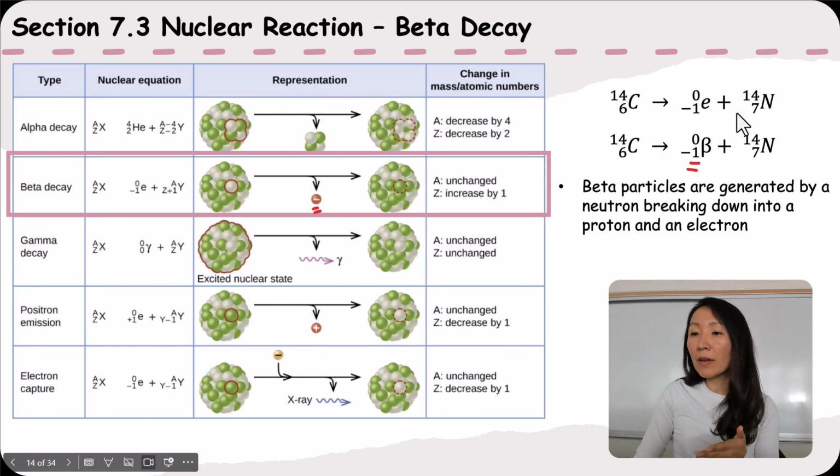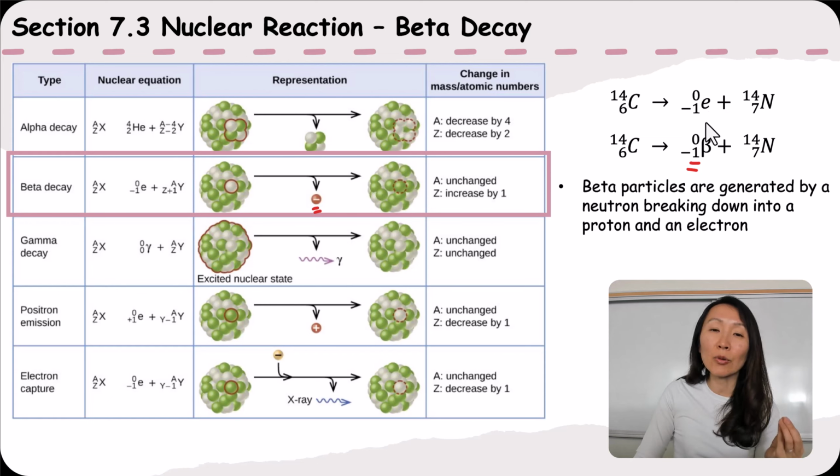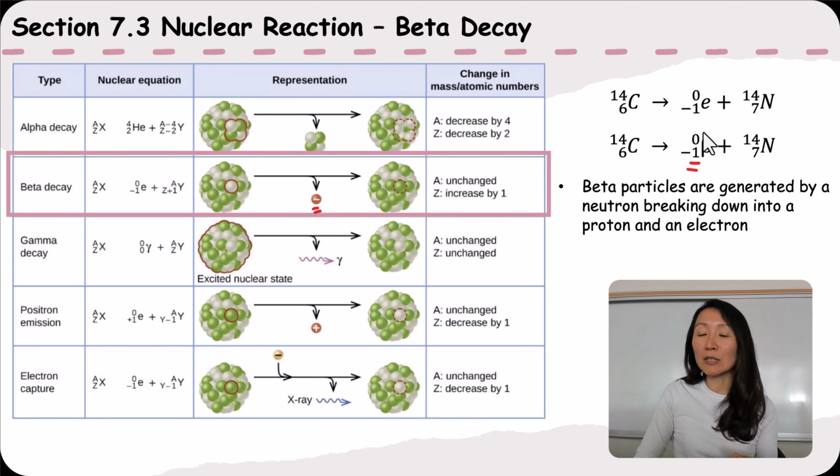The one above it, you'll see that it says E right here. That E is another way to represent beta decay. A lot of textbooks use it, so hence I have put it there. And also there is a -1 and 0. That's the same thing. Now the number in the corner of all of these three, that's your mass number.